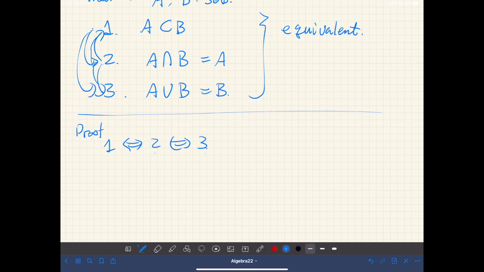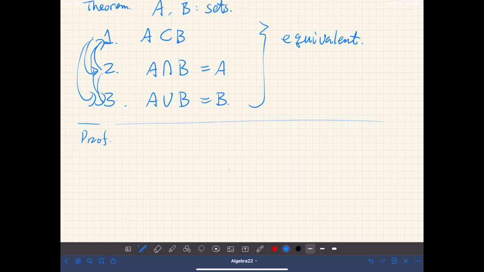So we can prove if 1 is true, then 3 is true, and so on. It can be proved in any order. Let's try to prove this. First, we try to prove if 1 is true, then 2 is true.